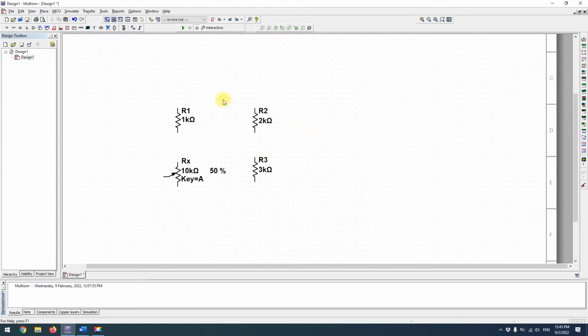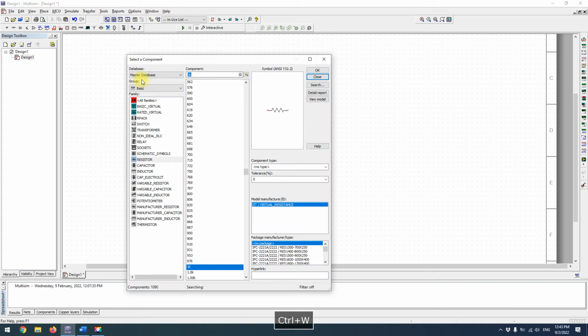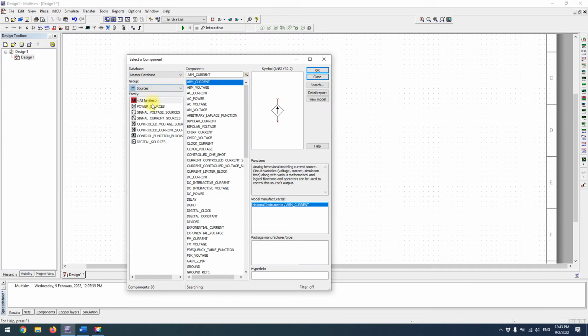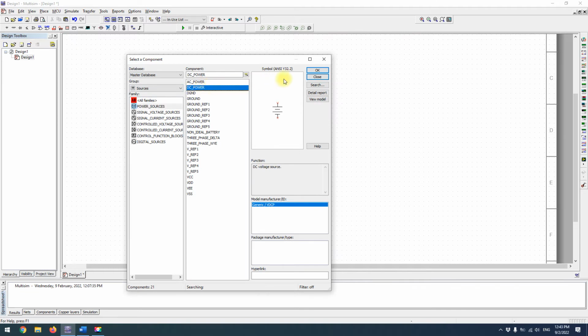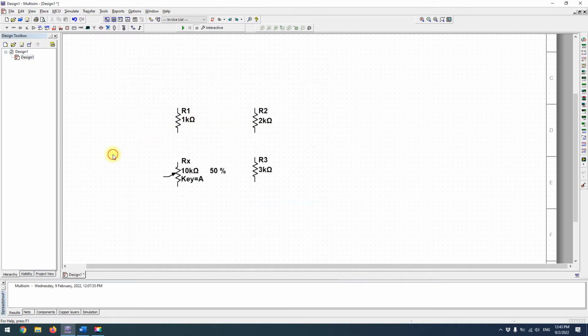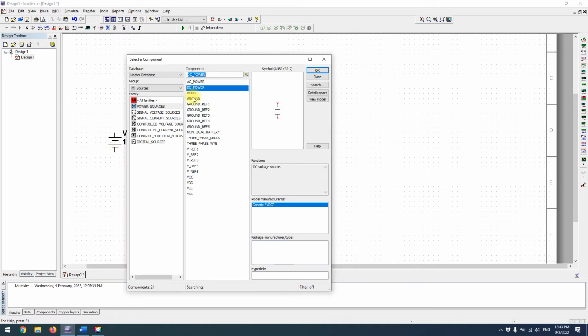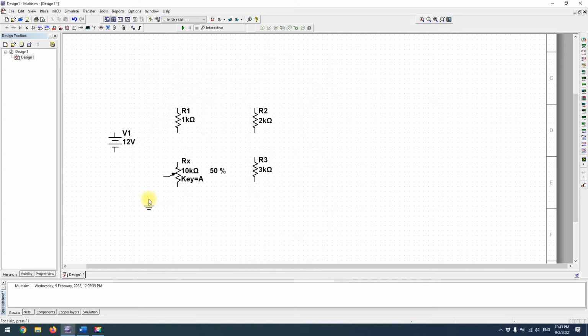Now we need a voltage supply. Sources, Power sources, DC. Put it here, and then we need a ground as well. And there we go. Now let's do the connections.